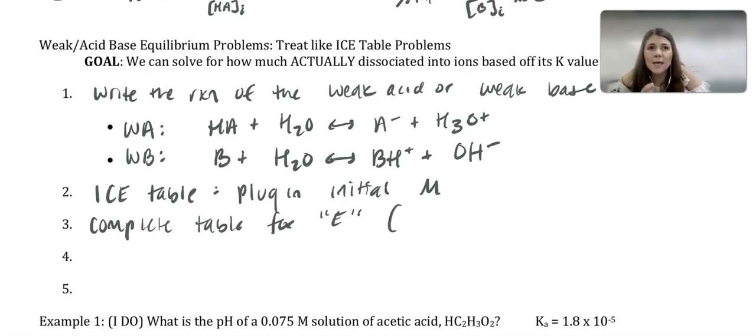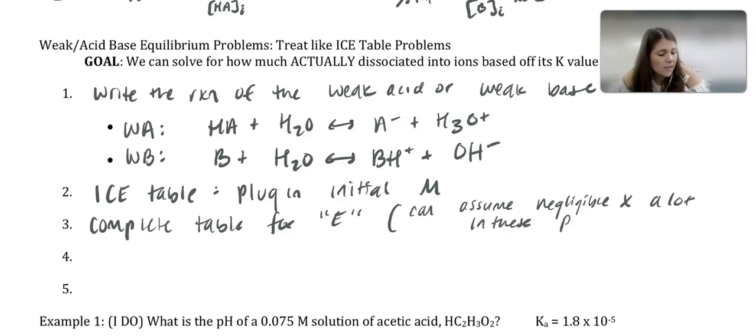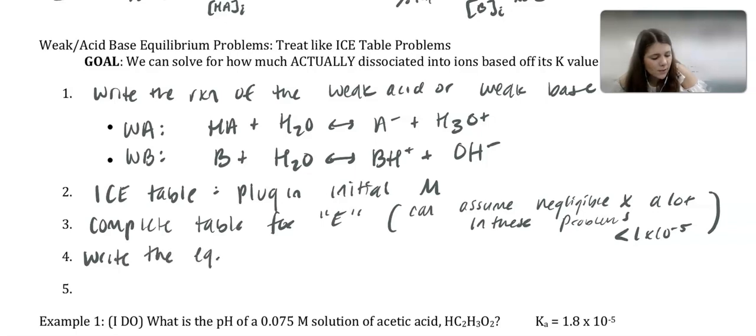Now, because these Kas and Kbs, if you haven't noticed from the previous HCN example, are going to be very small, you can assume negligible x a lot in these problems, okay? And again, that needs to make sure that it's less than 1 times 10 to the negative 5 if we do that. Step 4, write the equilibrium expression and plug in E.